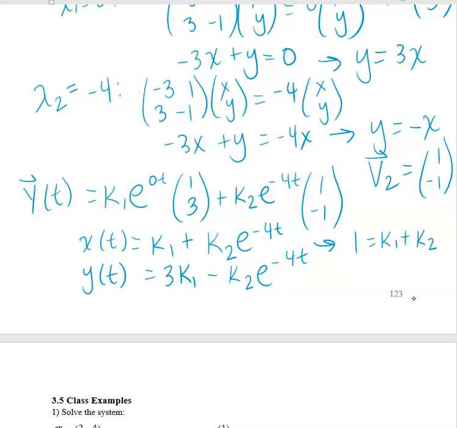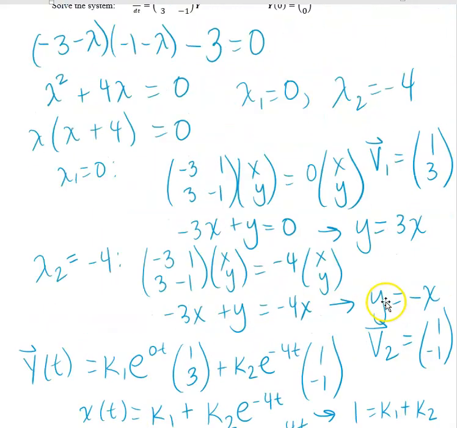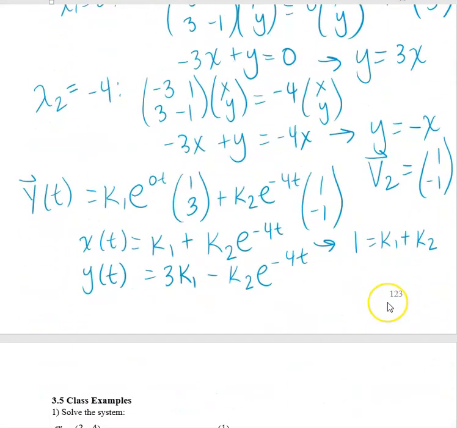Because e to the 0 would just be 1. And then likewise, when t is 0, y is 0, we're going to have 0 equals 3k1 minus k2. So if you solve those, I'm going to cut to the chase here. K1 ends up being 1/4 and k2 ends up being 3/4.